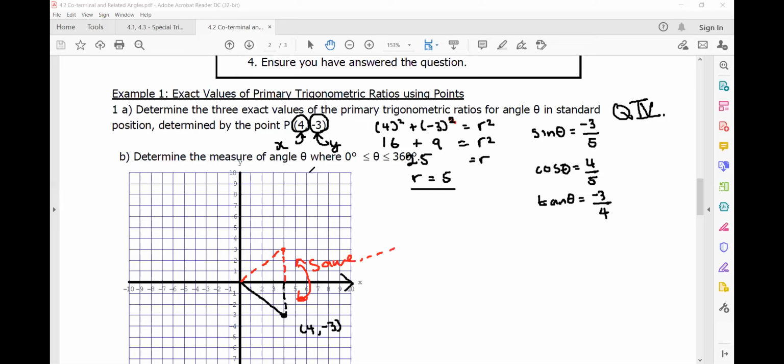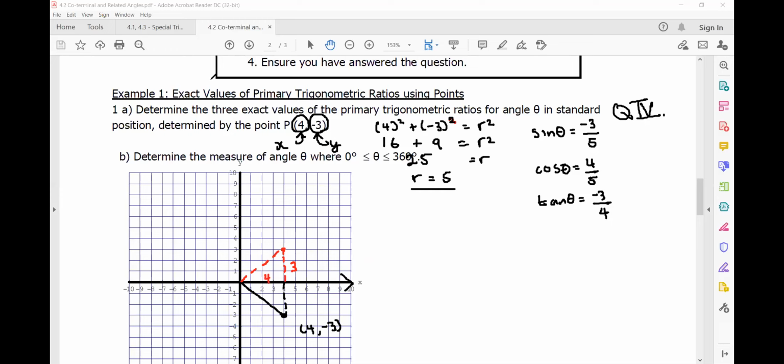Or rather, very, very similar. The only difference is the y value is a negative. So instead of dealing with a negative value, let's pretend the triangle I'm using is 3 and a base of 4. So far, so good?